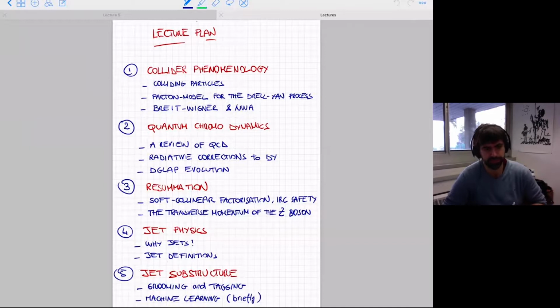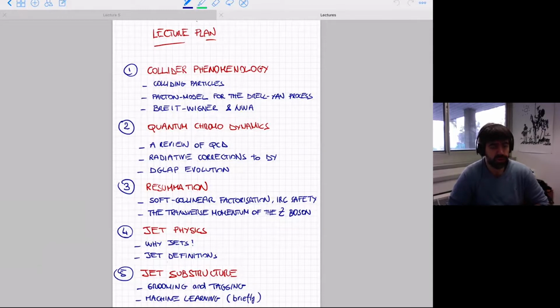The soft limit I did pretty fast. We concentrated on the collinear limit. Then yesterday we did a calculation of an actual observable, and we said we want to probe QCD dynamics, but we do so in an indirect way by looking at the transverse momentum of the Z boson. And we saw that if you want to describe this distribution also in the regime where there's a hierarchy of scales, where the pT of the Z boson is much lower than the typical scale of the process, the mass of the Z boson or the invariant mass of the lepton pair, then fixed order perturbation theory is not enough.